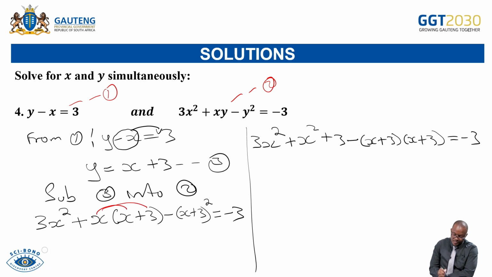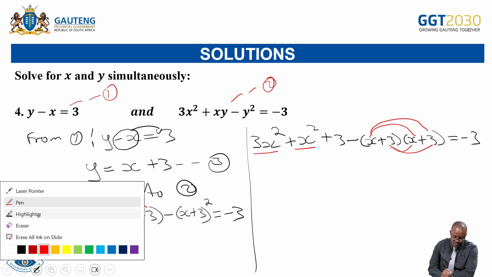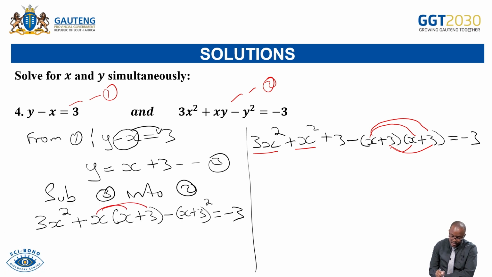We open the two brackets there, and we need to also use the FOIL method to remove those brackets. Then we can see that those are the like terms there. Then what will happen is that we're going to have 4x squared plus 3x minus, then we're still opening the bracket, it's equal to minus 3.